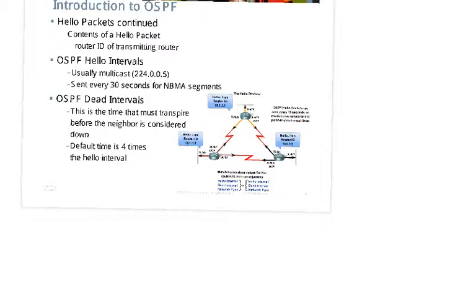This link, we call it broadcast multi-access, because you send one packet and it reaches all of them, because this is shared. For those two types of links, whether point-to-point or broadcast multi-access, the hello interval in OSPF is 10, not 5.